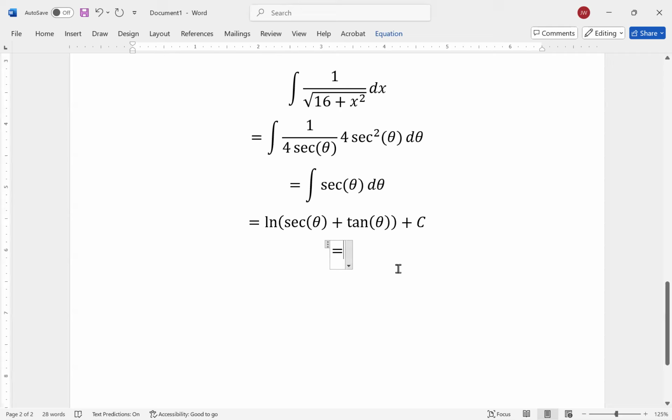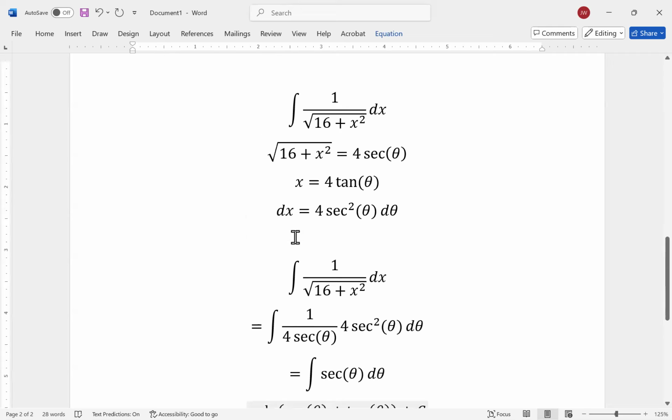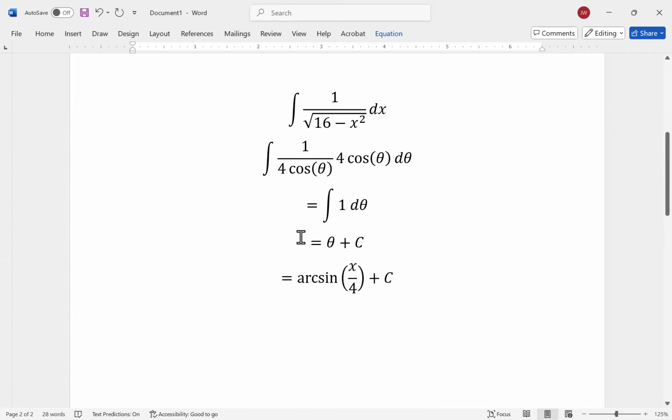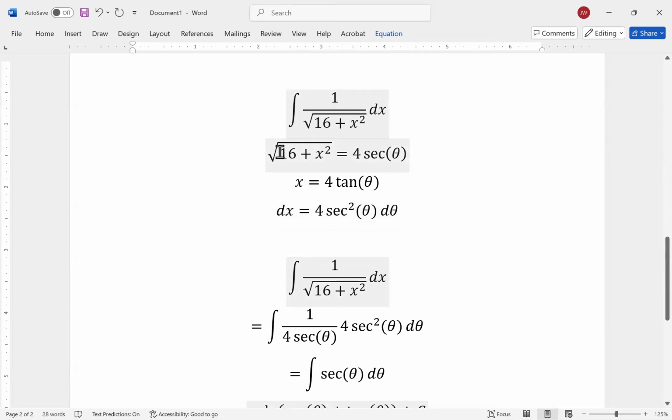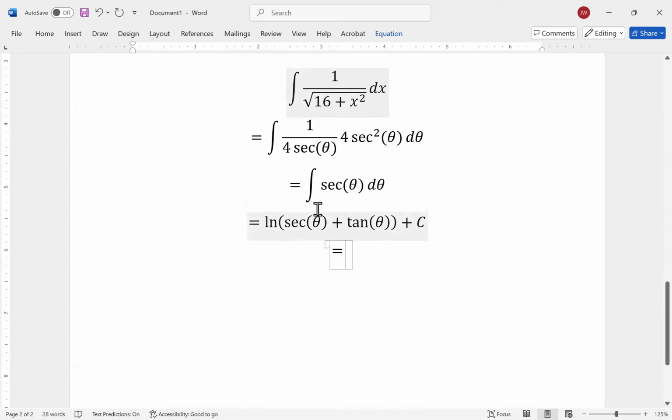So secant is the square root over 4. Tangent is x over 4.